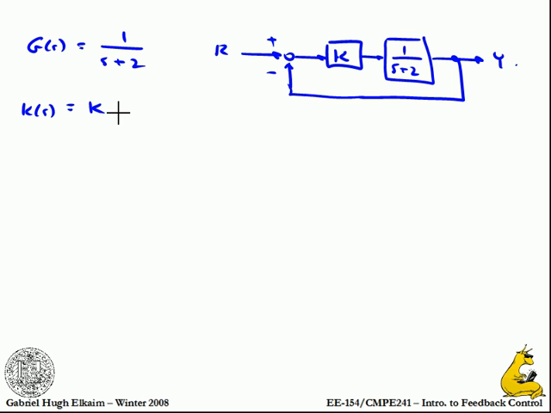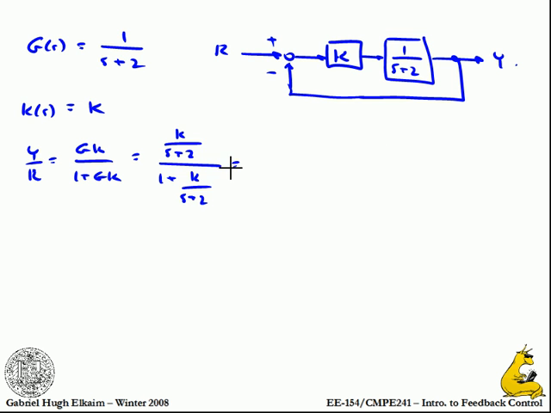And I've got that Y over R, my output to my tracking command, is going to be GK over 1 plus GK, which in this case is K over S plus 2 over 1 plus K over S plus 2. And that's just going to equal K over S plus 2 plus K. All right, so far, so good.